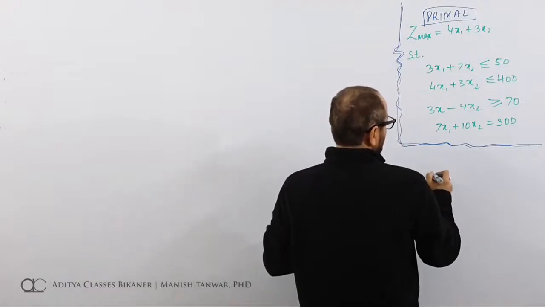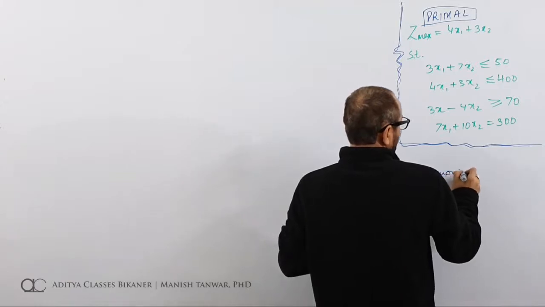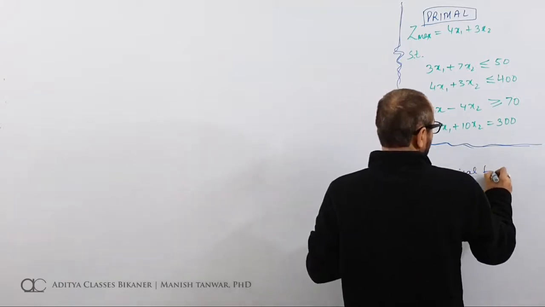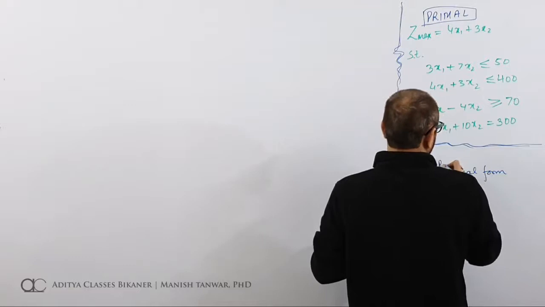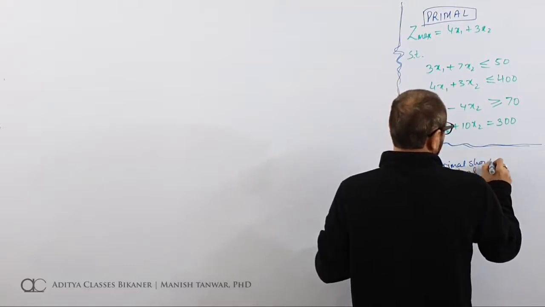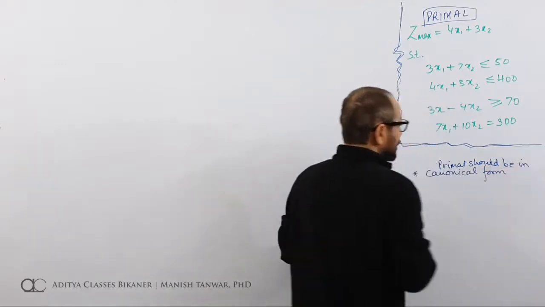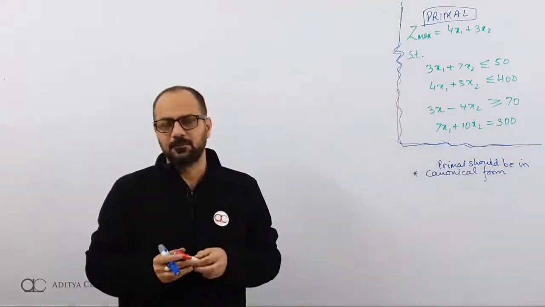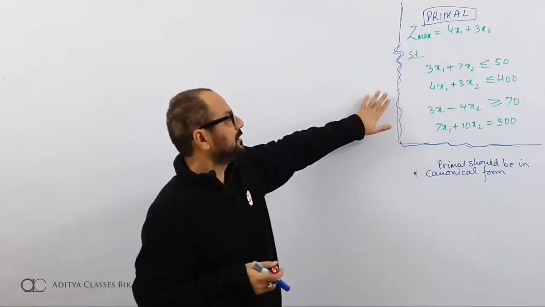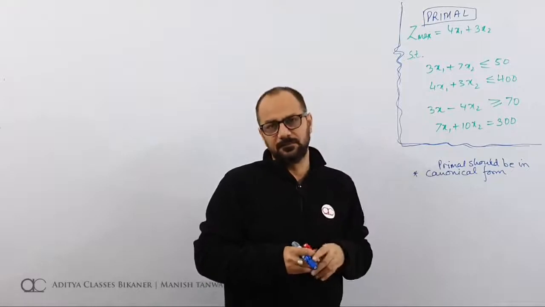The first one is that the primal should be in canonical form. Before you can convert this primal into dual, your primal should be in canonical form.